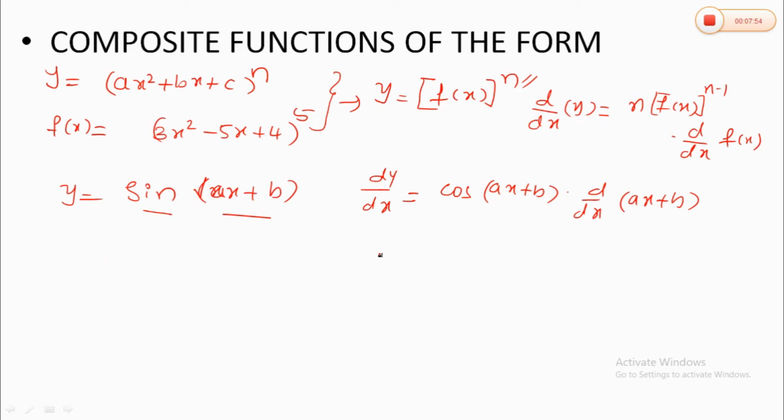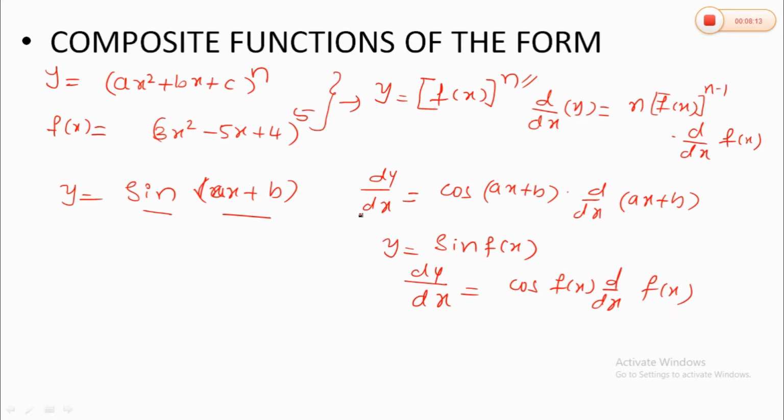This problem is of the form y equals sine f(x), that is dy by dx equals cos f(x) times dy by dx of f(x). Differentiate sine, then differentiate the function within the sine, ax plus b.